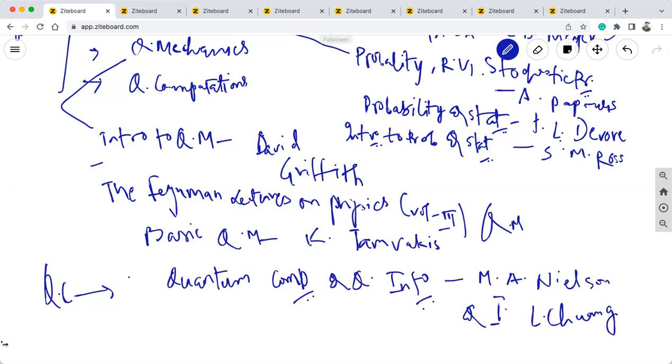So there are other books. Another good reading is Quantum Computer Science by N. David Mermin. So one can obviously go for this literature, which will help the audience to understand the subject in a much more detailed manner.